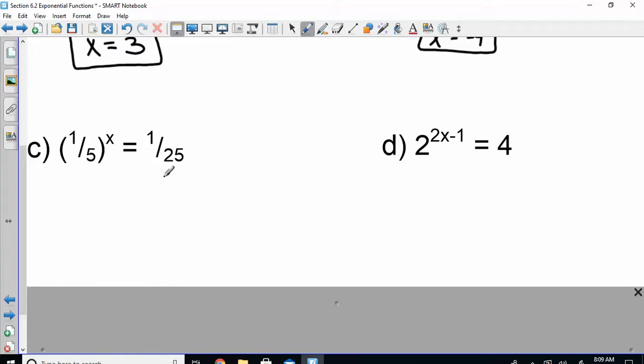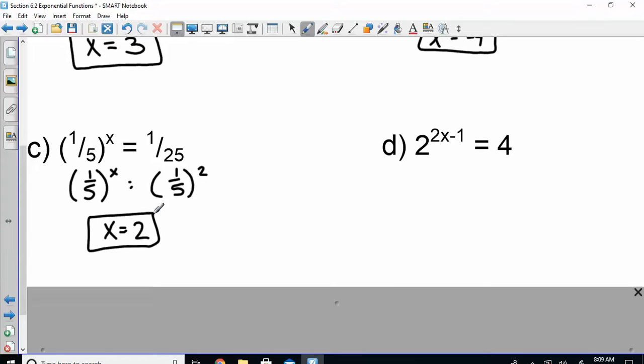Okay. 1 over 25 would be the same as if you took 1/5 to the second power. So then we just get x equals 2. So it doesn't matter if that base is a fraction or not, as long as it's the same on each side.